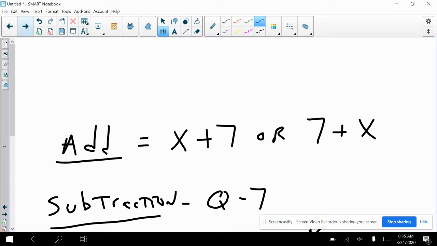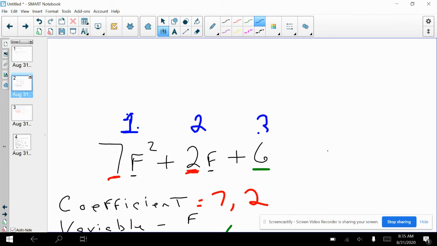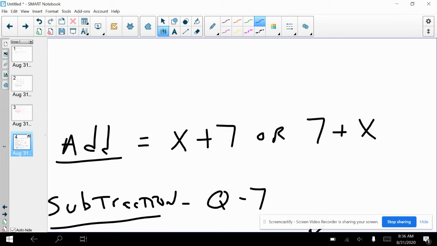Does it mean 7f, or does it mean 7 times f squared plus 2 times f plus 6? This one here, Ryan? Yeah. Okay, I got you, I think.